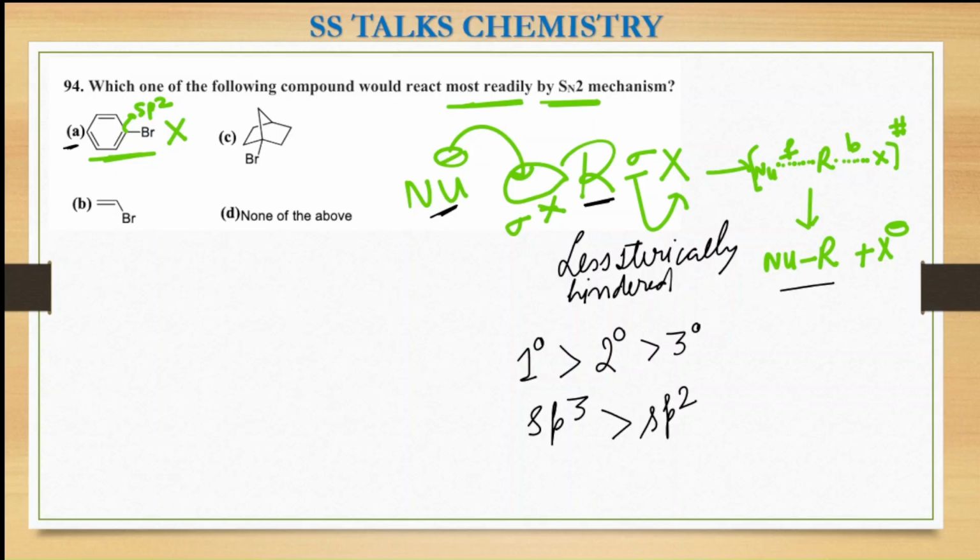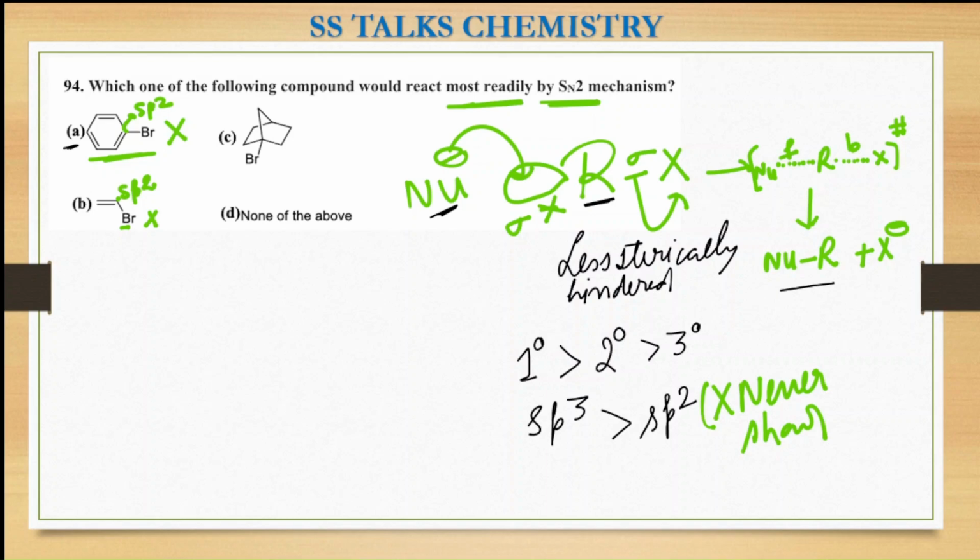In molecule B, again the carbon center on which the leaving group is present is an sp2 center, and again no nucleophilic reaction is observed.